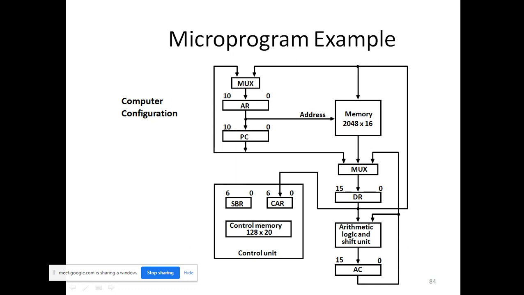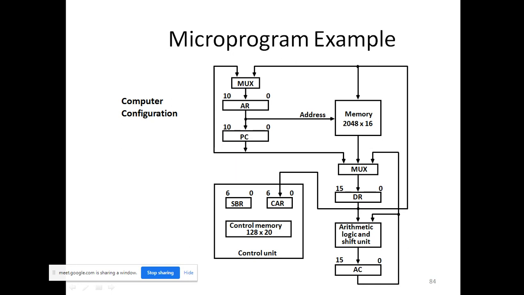AC is the accumulator. AR is the address register. PC is the program counter. What does the program counter contain? The address of the next instruction. What does AR contain? The address of memory.